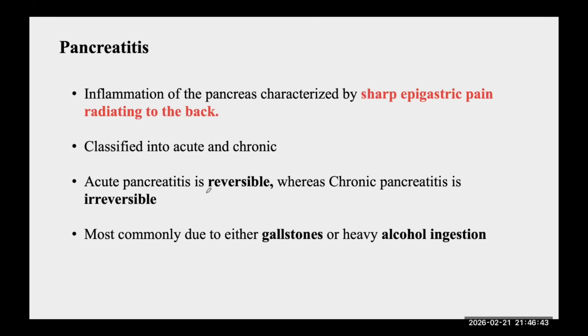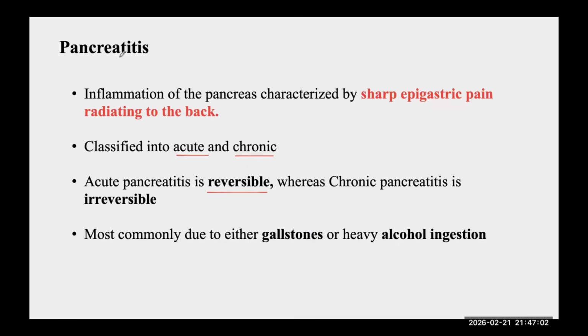So what is pancreatitis? Pancreatitis, as the name suggests, is inflammation of the pancreas, and it has a very specific presentation. It usually presents with epigastric pain that radiates to the back, and it can be classified into both acute and chronic. Now, the major difference between them is that acute pancreatitis is a reversible condition.